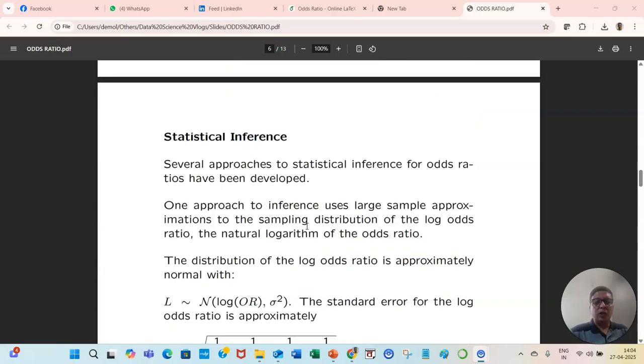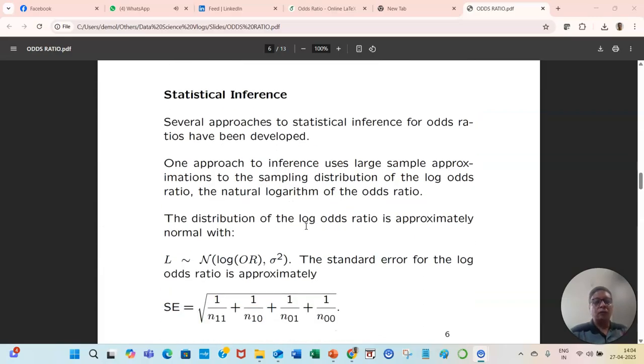We can talk about statistical inference. We can use the odds ratio, log odds, as an estimator, a statistic, a variable, and the distribution of that is approximately normal with log odds ratio as mean and variance sigma square, where the standard error is given by the square root of 1 by n11 plus 1 by n10 plus 1 by n01 plus 1 by n00, where n11, n10, n01, n00 are the cell frequencies of the 2 by 2 contingency table.